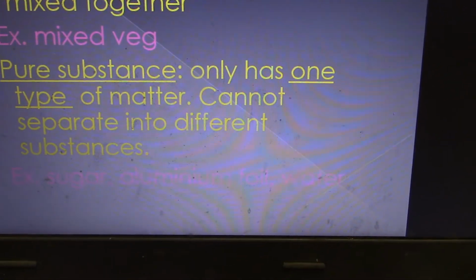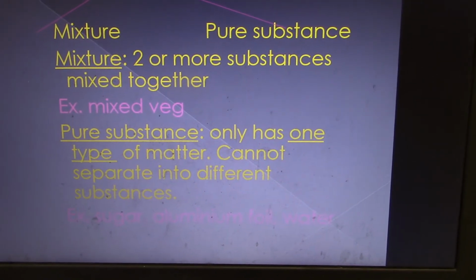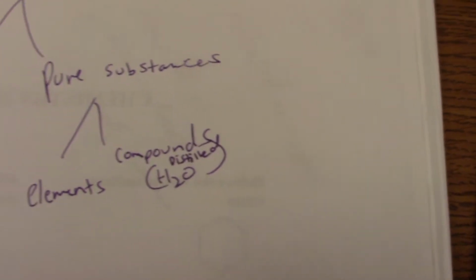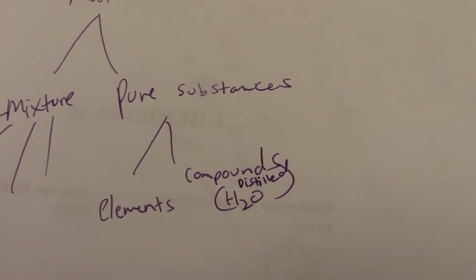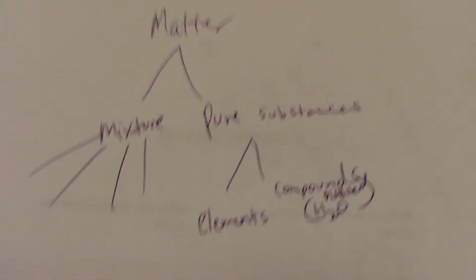You can see that here: sugar, aluminum foil, water, and so on. All that's in the aluminum is the aluminum. If we look at distilled water, that would be a compound, H2O. The only thing in distilled water is water. There are no minerals or anything else inside it. And elements are anything you find on the periodic table.